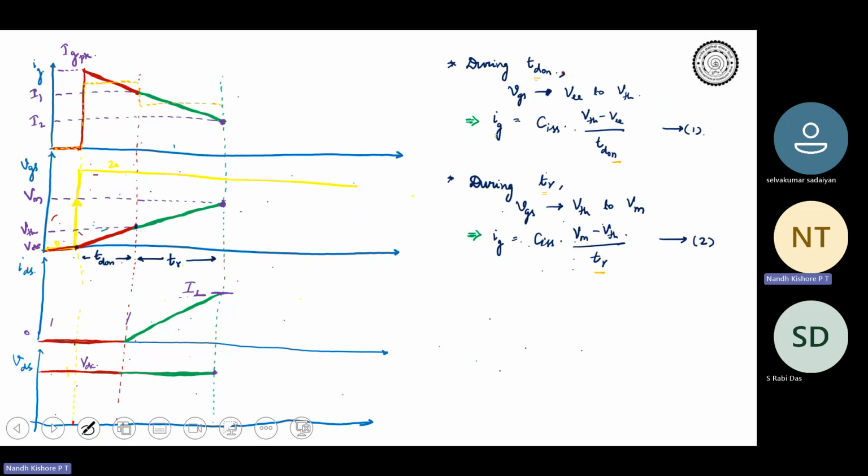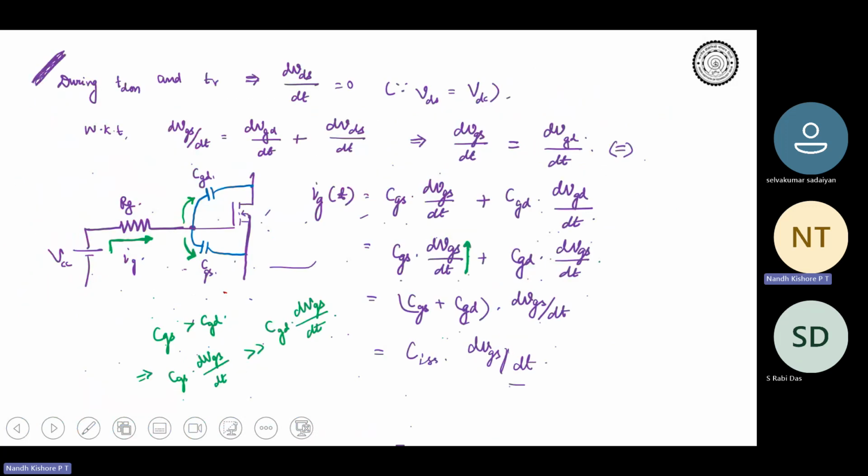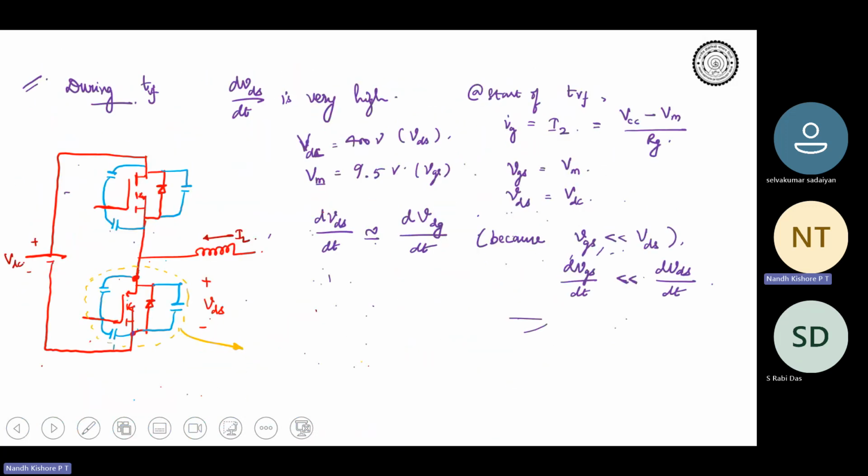Let me take blue. So your gate source voltage will remain at V Miller, because no current is flowing through CGS.